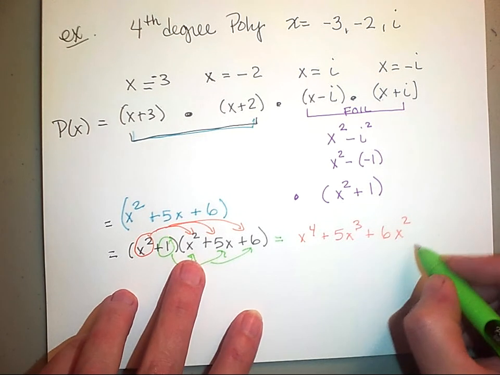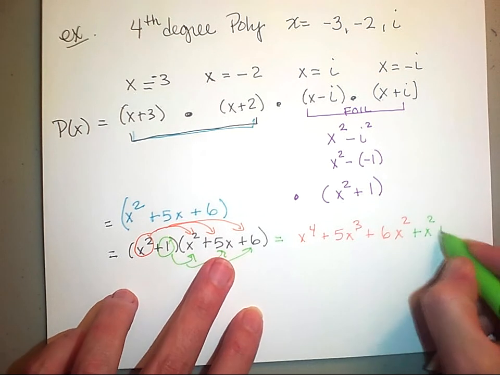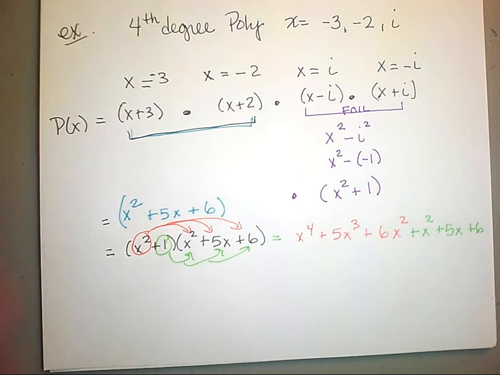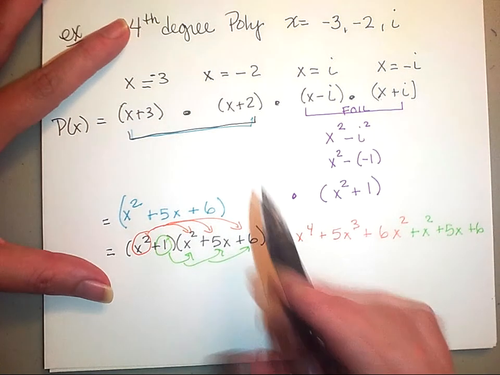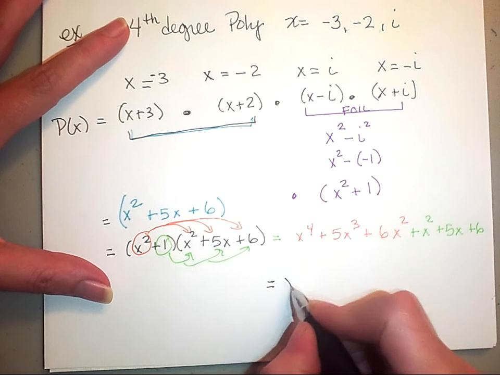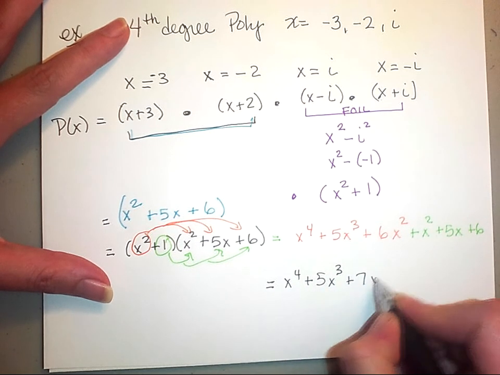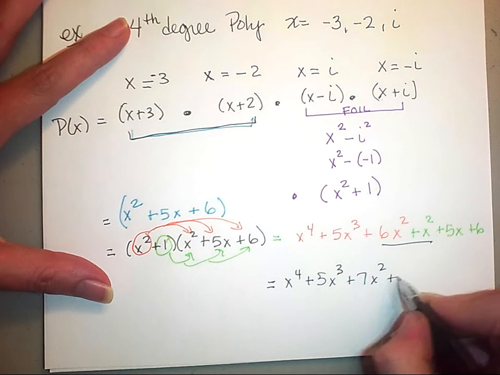So plus x squared plus 5x plus 6. So in the end, the 4th degree polynomial that has these roots is x to the 4th plus 5x cubed plus 7x squared, combining these, plus 5x plus 6.